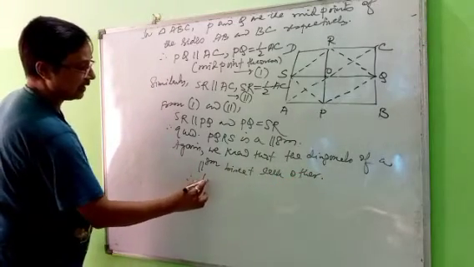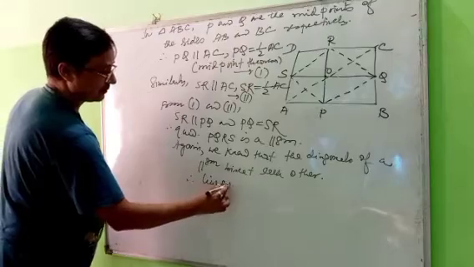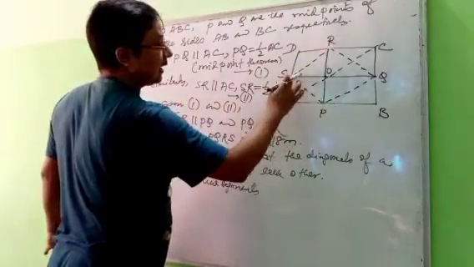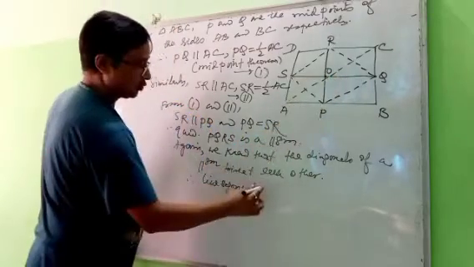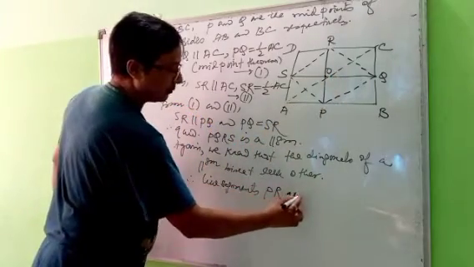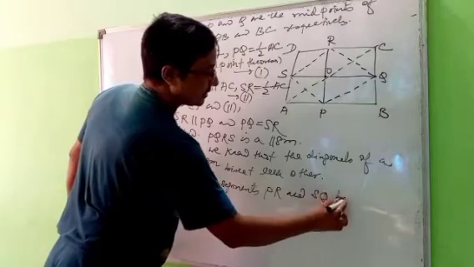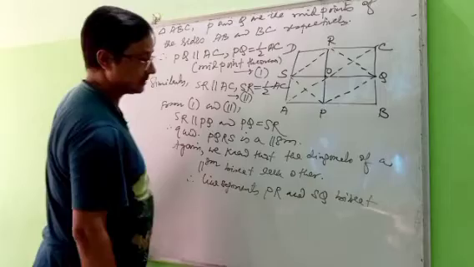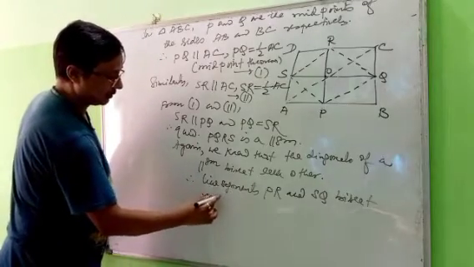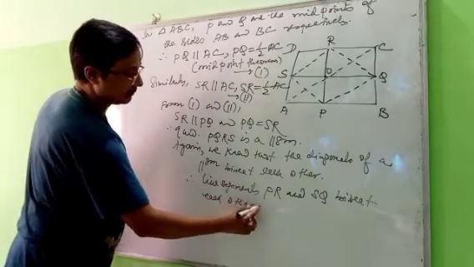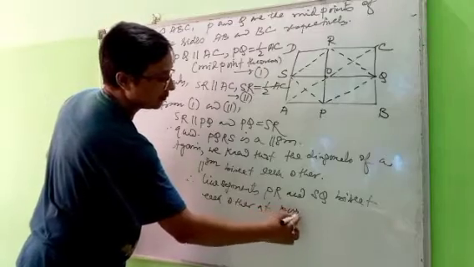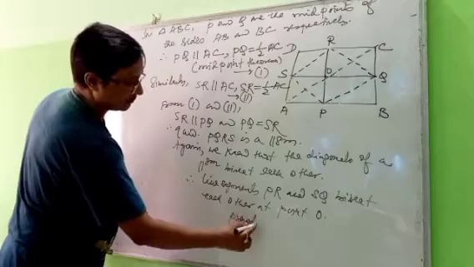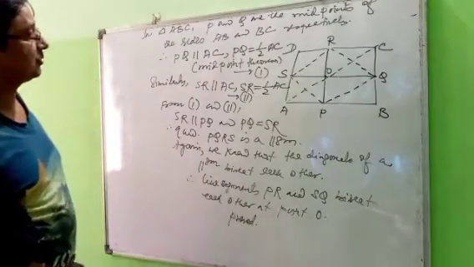Therefore, the line segments PR and SQ bisect each other at point O. So it is proved. So it is very simple.